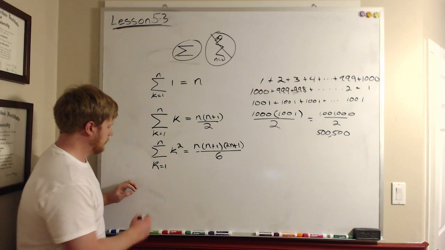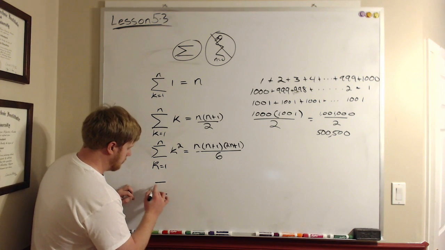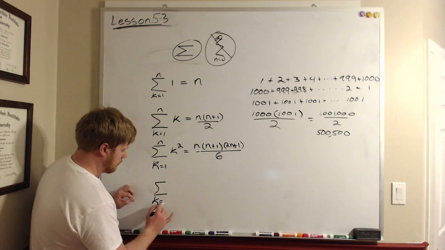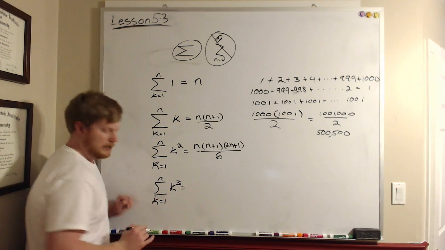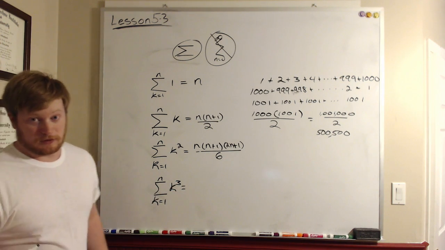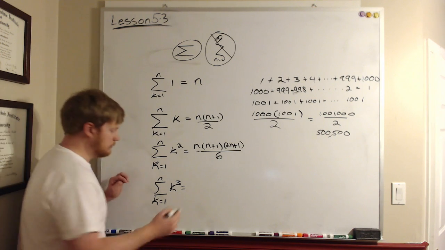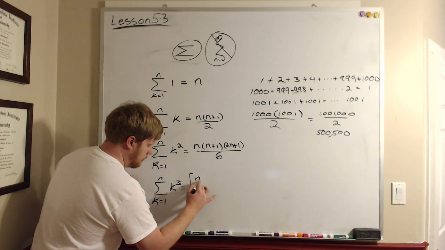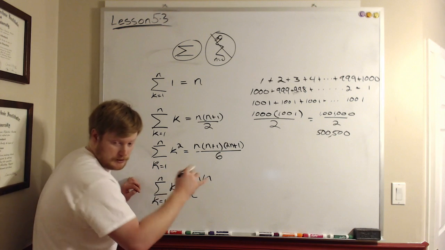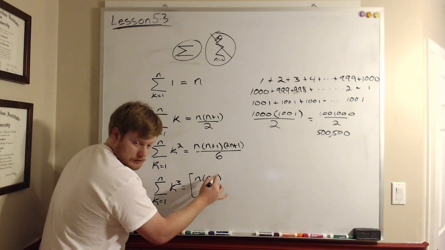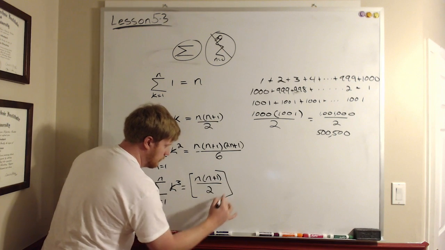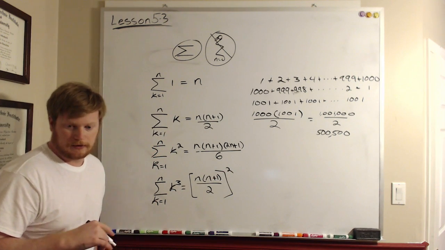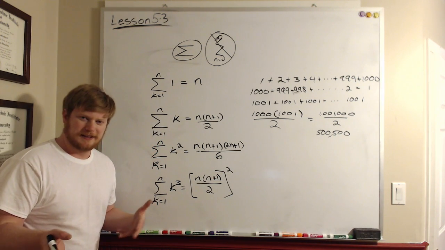Okay. And the last one that doesn't come up as much, but could possibly come up, is the sum of consecutive cubes. And the sum of consecutive cubes comes out to actually be n times n plus 1 divided by 2, squared, which is really interesting, right?